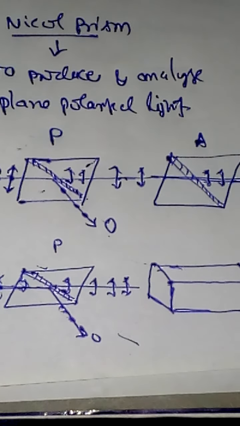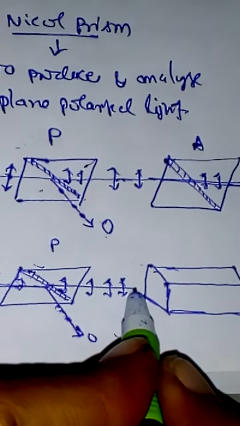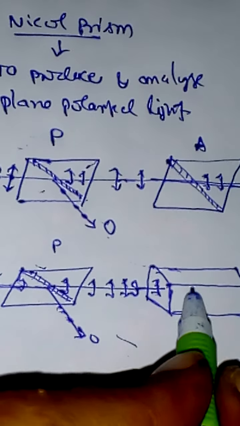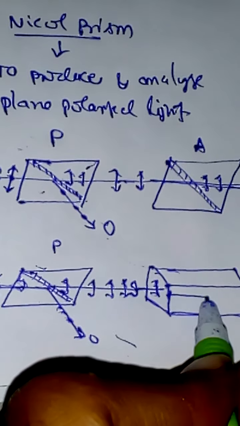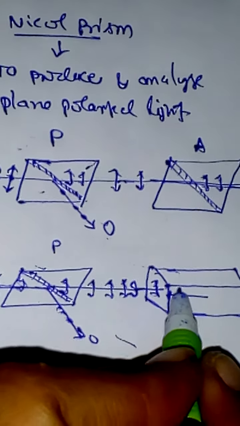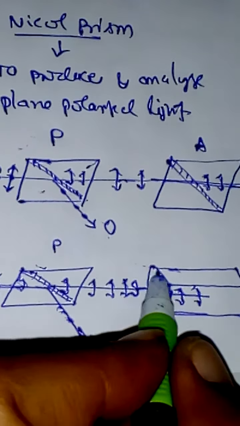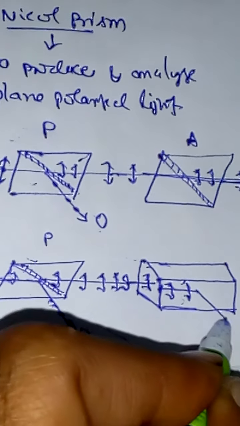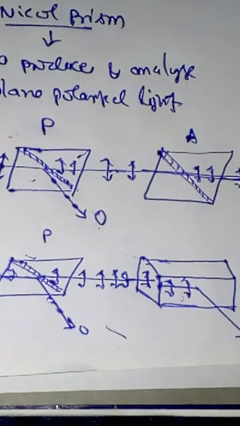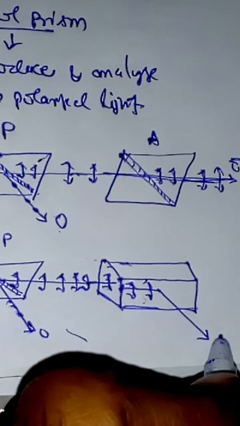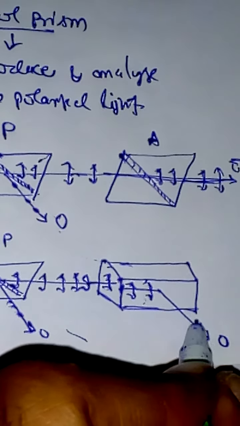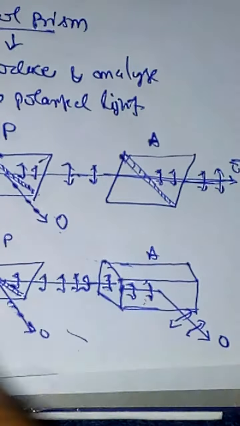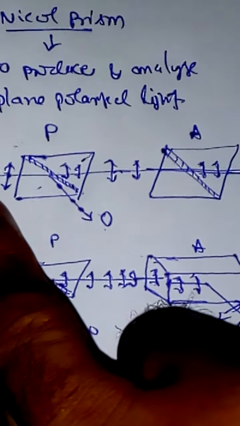That means here what will happen is, once it is made to fall on this, it will pass through a certain distance. Somewhere here the Canada balsam layer will come. From there, it turns like this. This is the analyzer. See the difference.